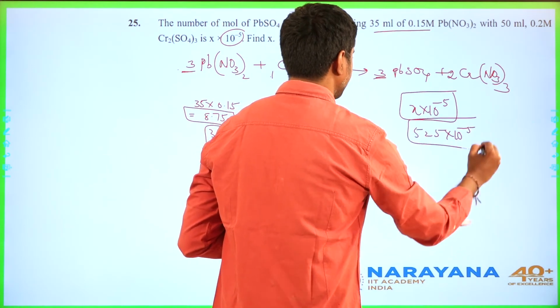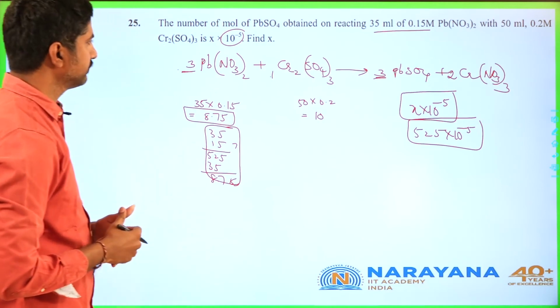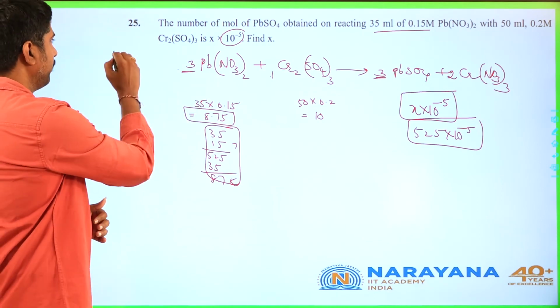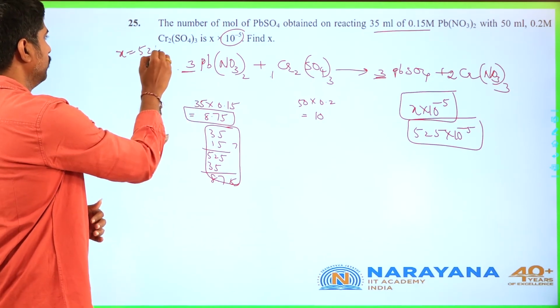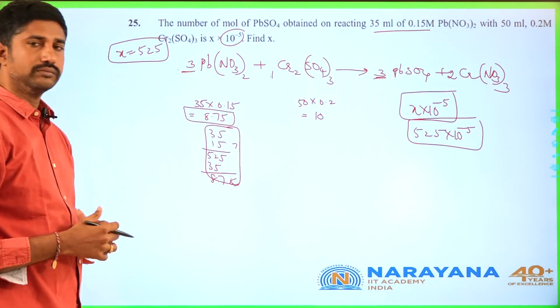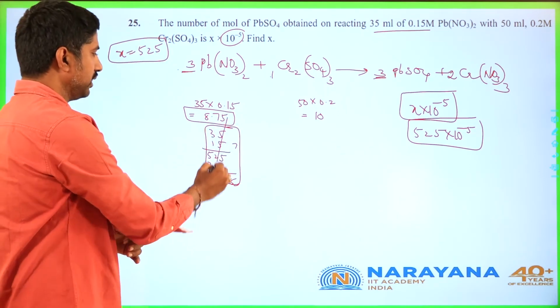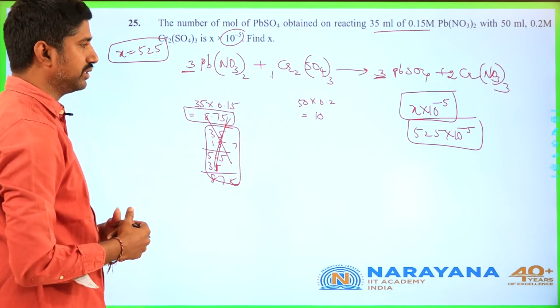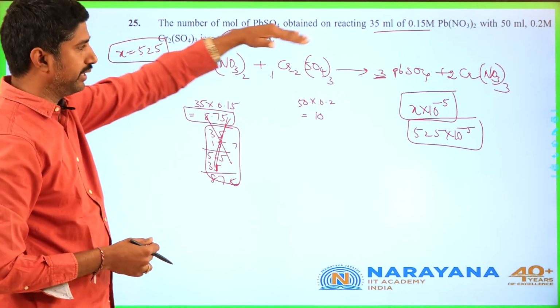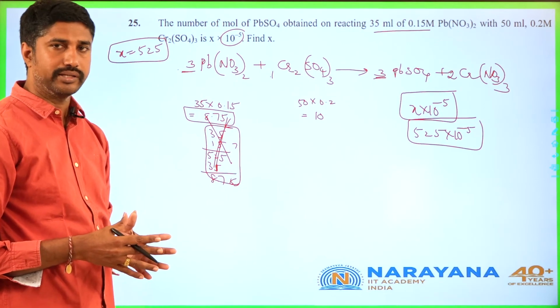So the value of x is 525. So simplify this, check the data, identify which is the limiting reagent, and apply the limiting reagent here to get the answer directly.